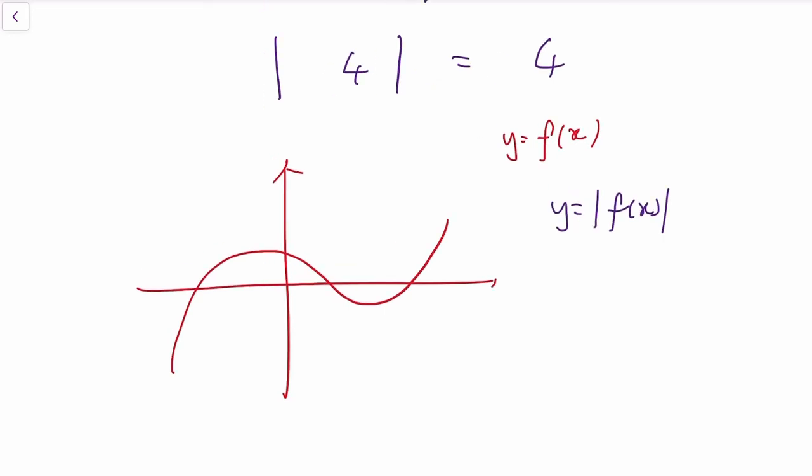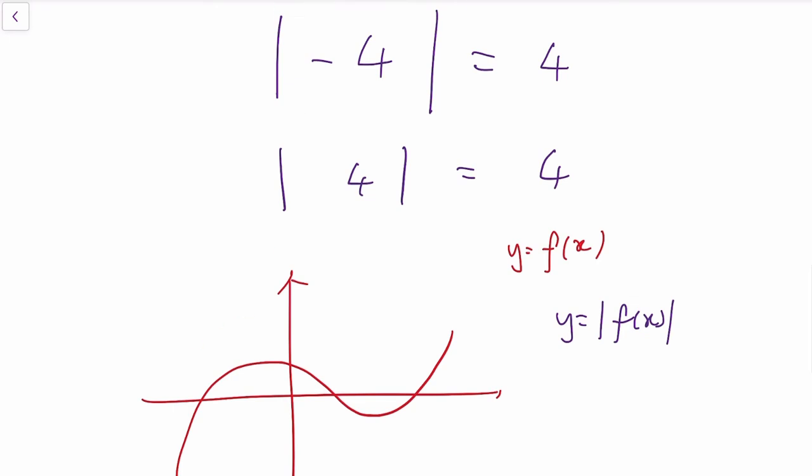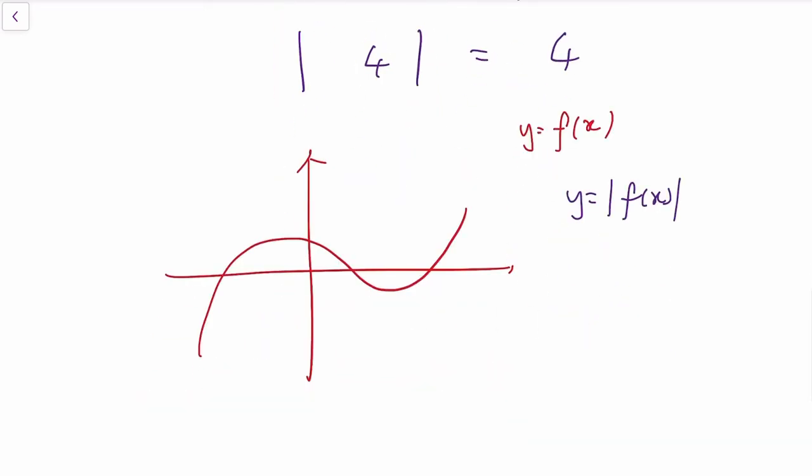The question is, how would the function absolute f(x) look? You can probably guess you would turn all the negative part into positive, but the positive part of the graph would stay positive. So this part would stay the same because it's above the x-axis. This part would also stay, but the negative part at the bottom would be turned positive, so it's kind of like a reflection.